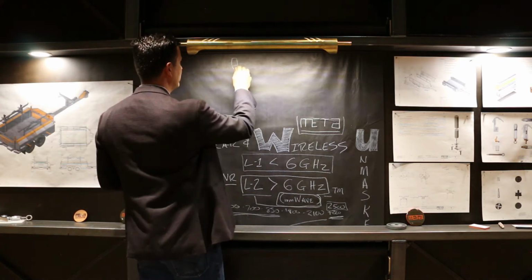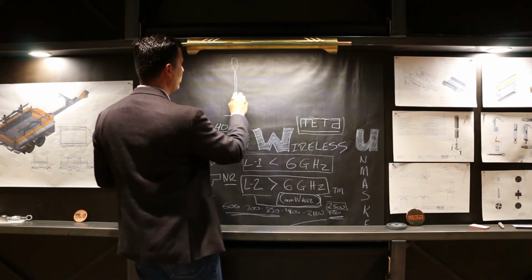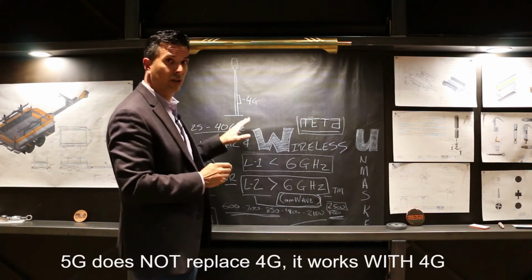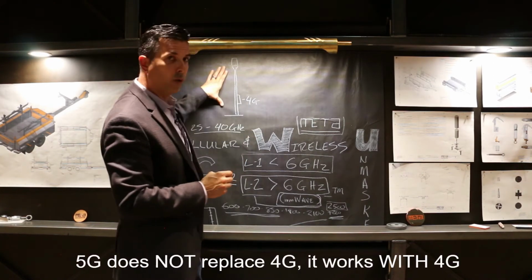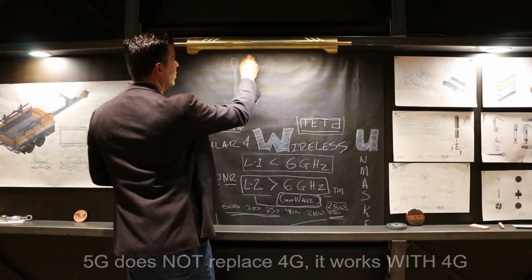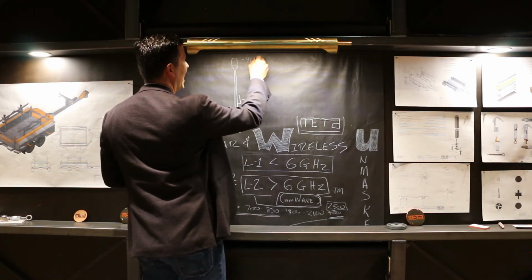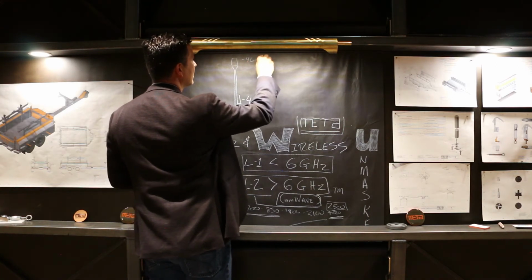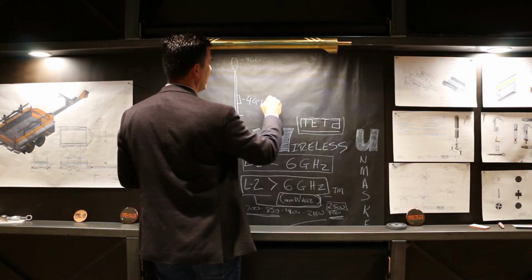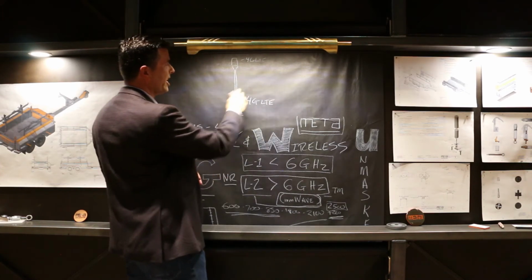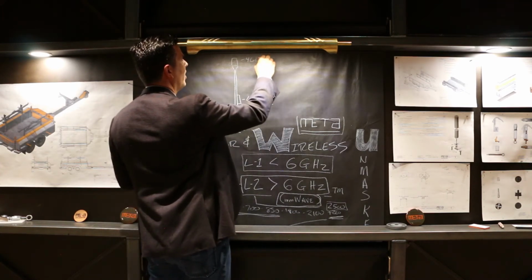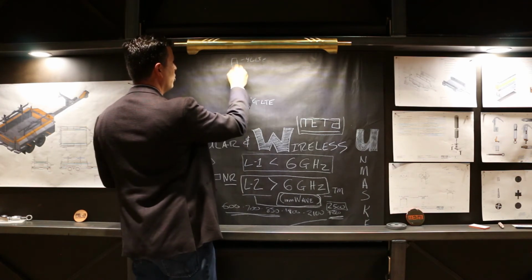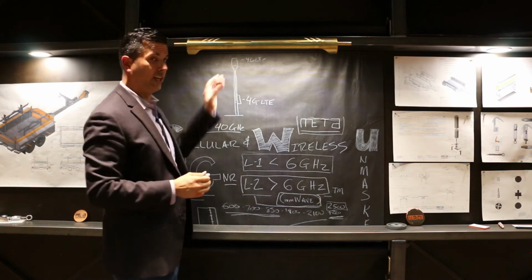So what you'll see on your average pole is an antenna on the top, down to your pole base. Somewhere in the middle of the pole, you're going to have your 4G radios. So you're still going to have 4G in a lot of these poles, and you're going to have your 4G antenna at the top, like we talked about. This is 4G LTE. Your radios are here, and the top of the pole has your antenna radome. And you're going to have coaxial cables that join the radios to the antenna.